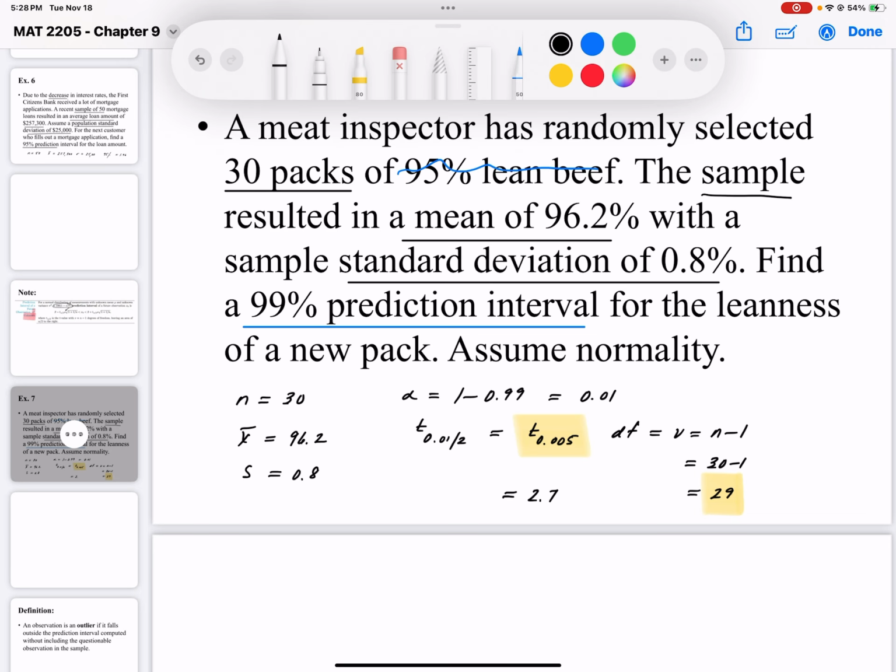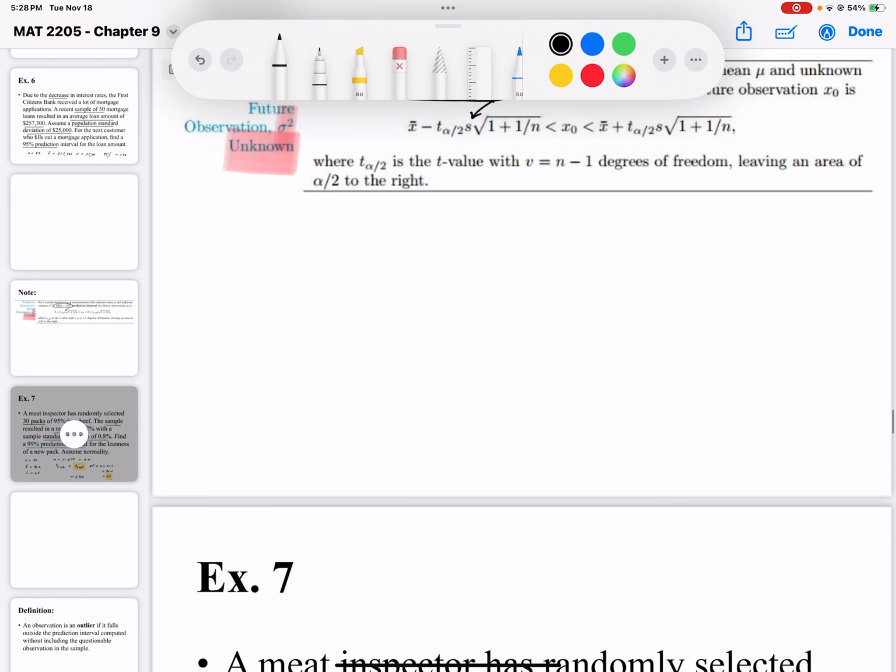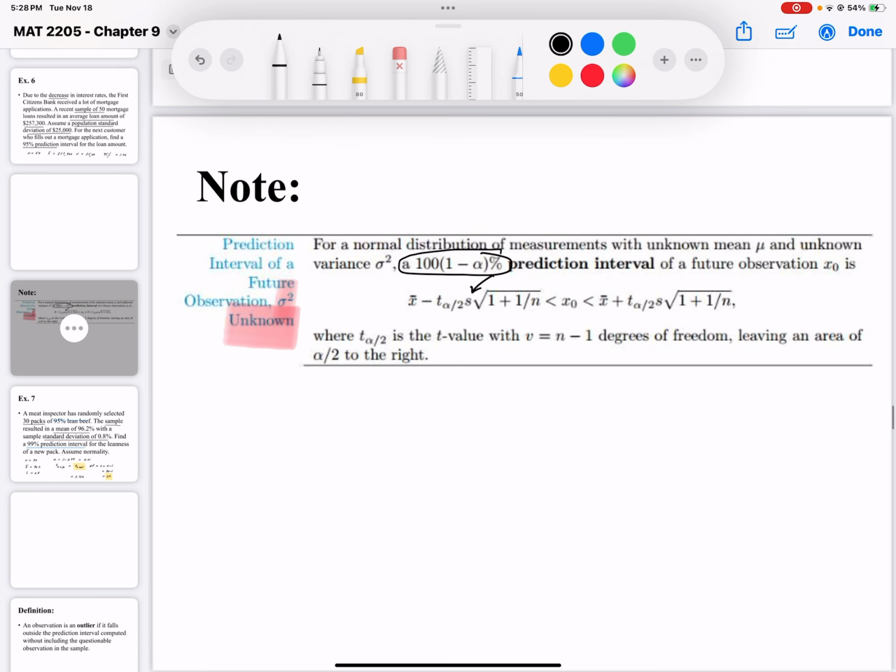All right, let's put it all together. I'm actually going to go up to the formula so that it's easier for you to see where and how I'm plugging this in. I know we've done this many times. I'm following this formula now. We don't have sigma, we have S instead, but I'm just making sure that we're all on the same page.